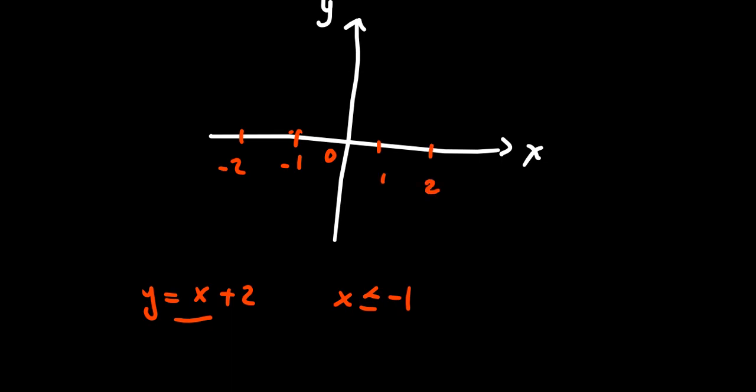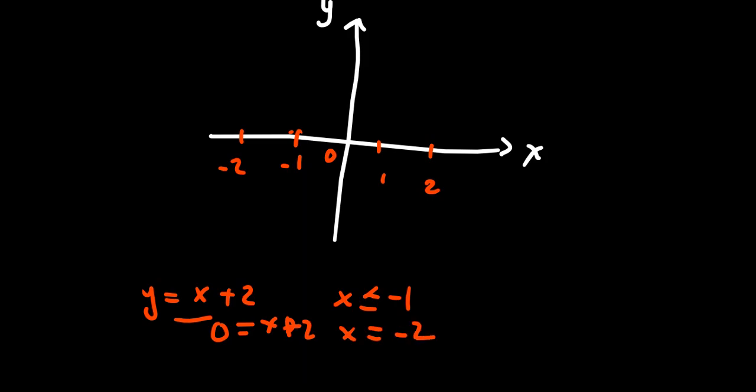From my linear function, I can find where this graph will intersect with the x-axis. That is when y is equal to 0. So when y is equal to 0, we have x plus 2 equals 0, and this means that x is equal to -2.